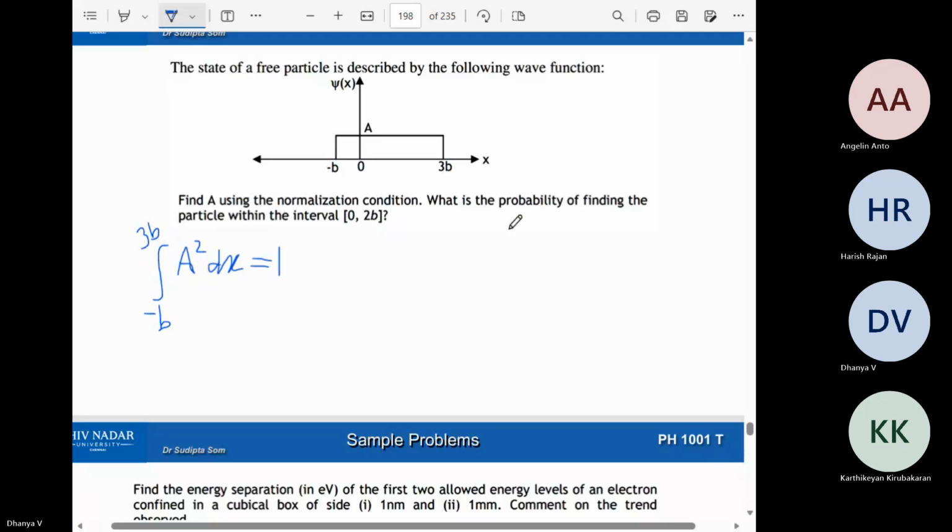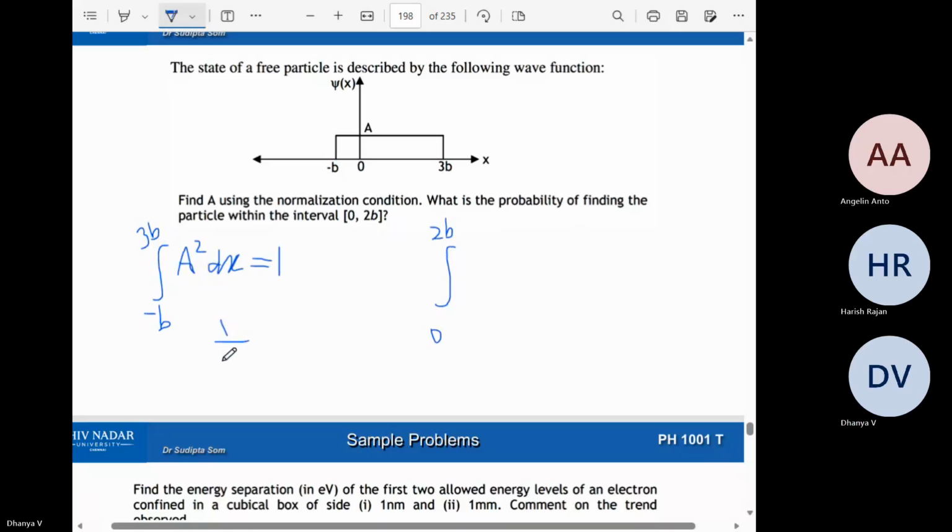Then now the probability of finding the particle within the interval. So same thing, 0 to 2b, sorry. By now you would have known A's value. I think A's value is 1 by 2 root b.